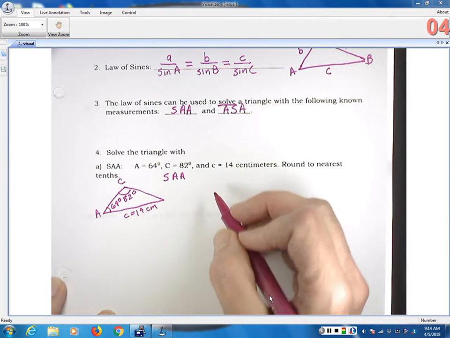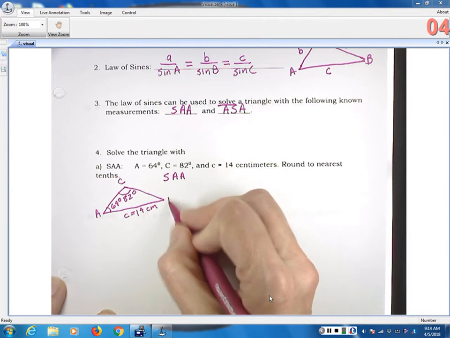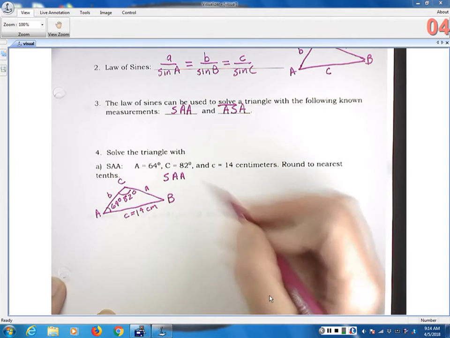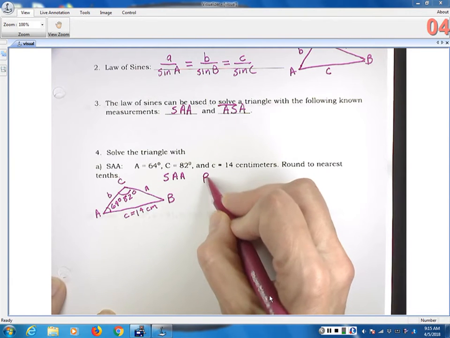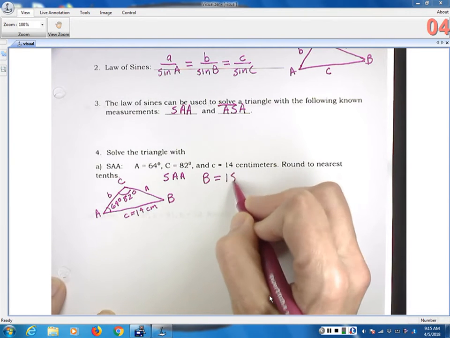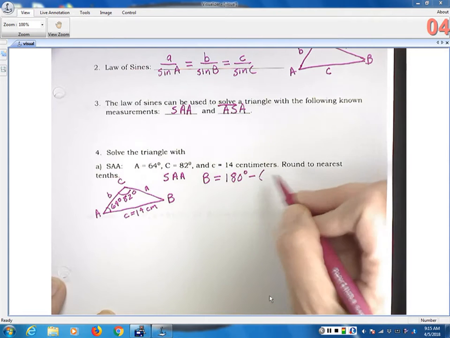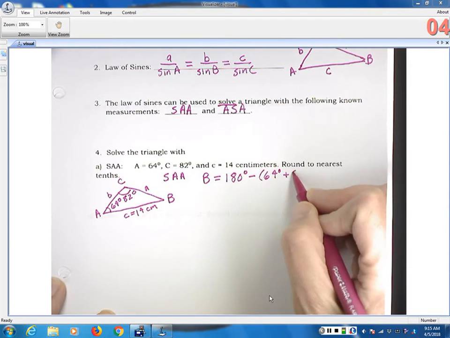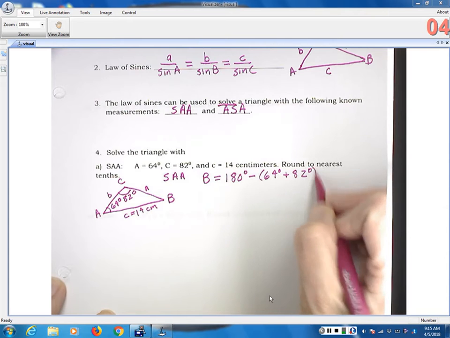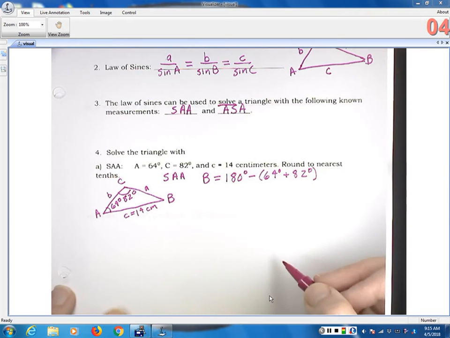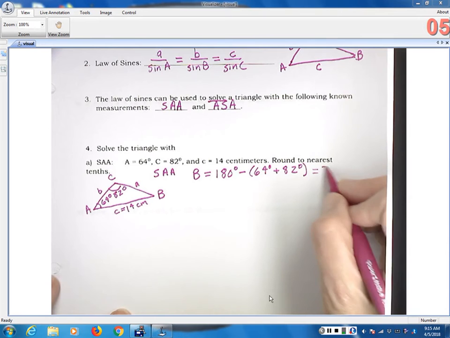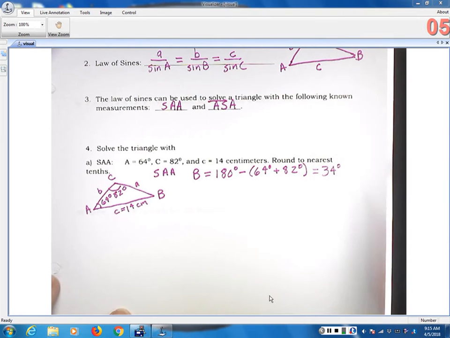So we can find angle B. Angle B is going to be 180 minus the sum of the other two angles. And that equals 34 degrees.